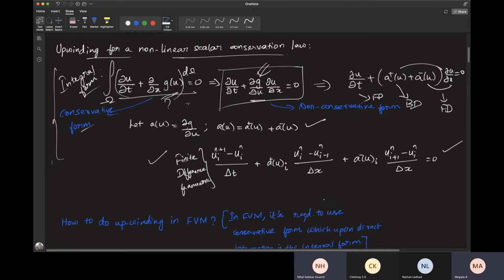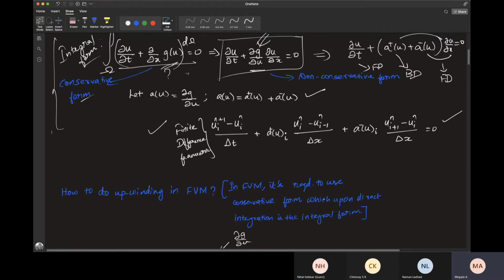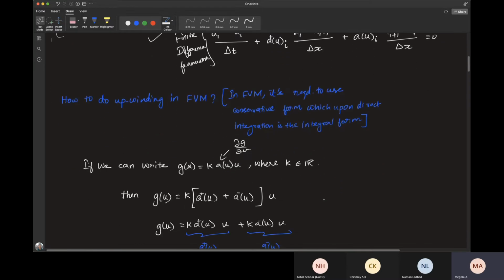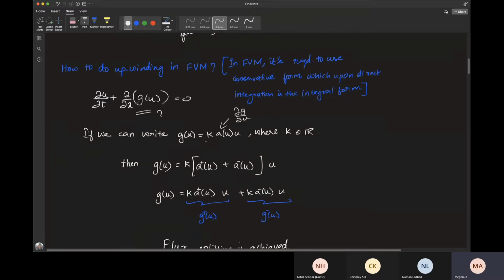Okay, fine. Now that it's established that we are going to take a conservative form for the finite volume framework, let's take that for granted. Now we need to do upwinding for this equation. In this case, we don't see the wave speeds, and doing upwinding over here is not direct. To understand how to do upwinding for this, let's see the following.